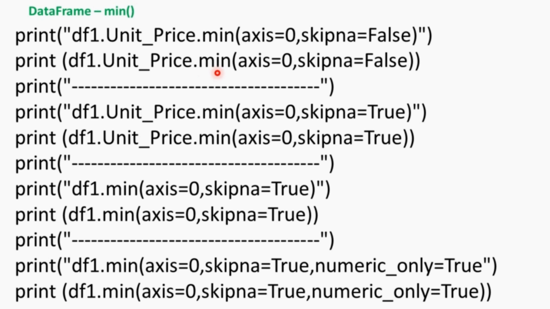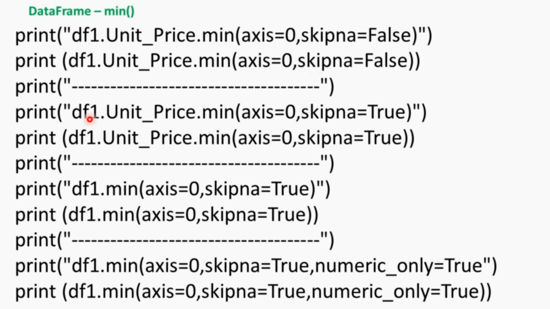The min function parameters are the same. Axis equal 0 means it will work along the rows, means column wise minimum values it finds. It will find the minimum value of the first column, of the second column, like this. And here it will find the minimum value for unit price, because we have given only one particular column name here. Comma skipna equal false means NaN values will not be ignored, right?